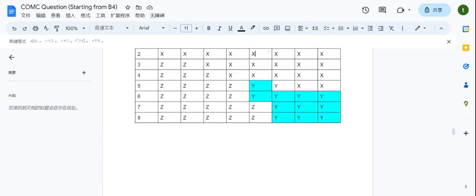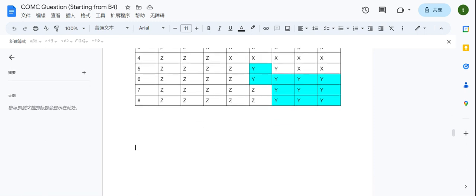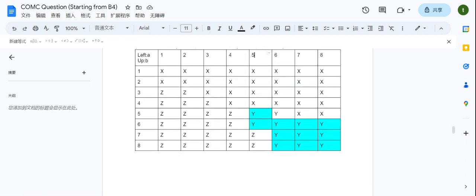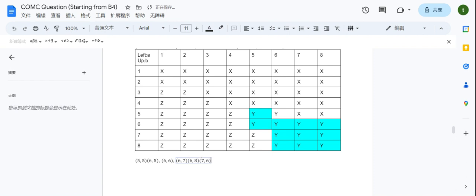From this way, we are able to obtain 11 different coordinates, such as 5, 5; 6, 5; 6, 6; 6, 7; 6, 8; and so on up to 8, 8, which is 11 coordinates in total.